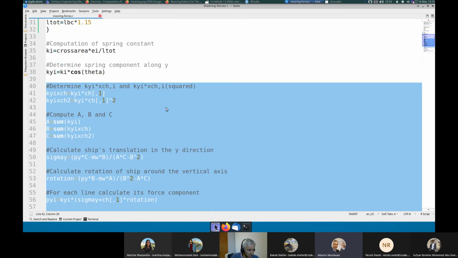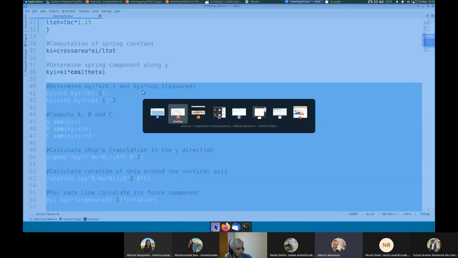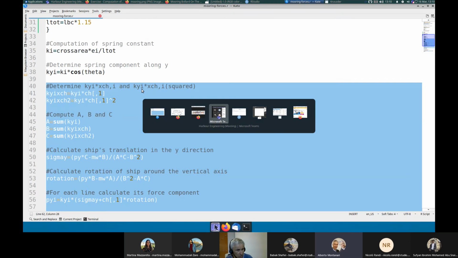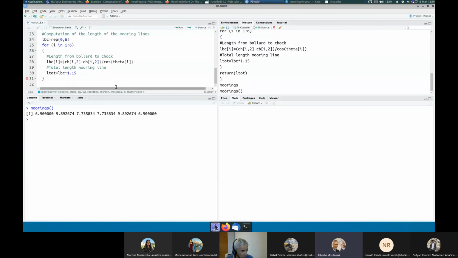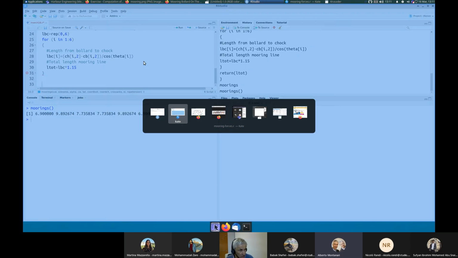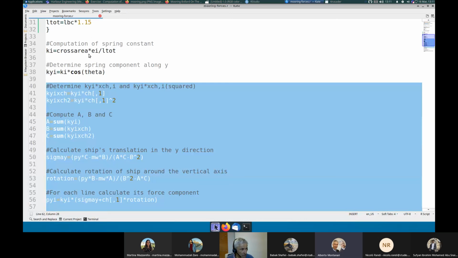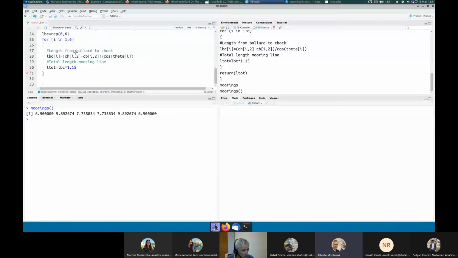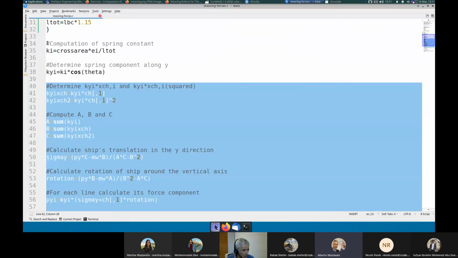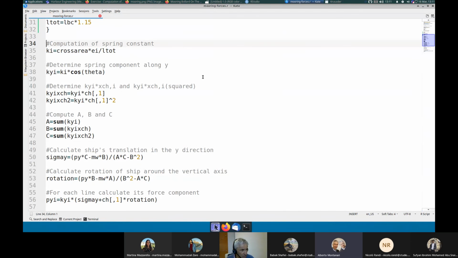Let me just check from where I started, and I copy it, and then I paste it into RStudio. Sorry, I think I also need to copy the instruction that was before what I already copied. So I go back to the code. I needed to start from here.